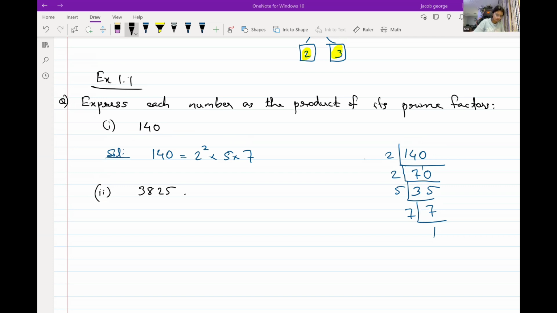Yes. 3825. I'll give you 1 minute. Can you try this one? 3825 is divisible by what number? Yes, please try. I will give you 1 minute. All of you, please.